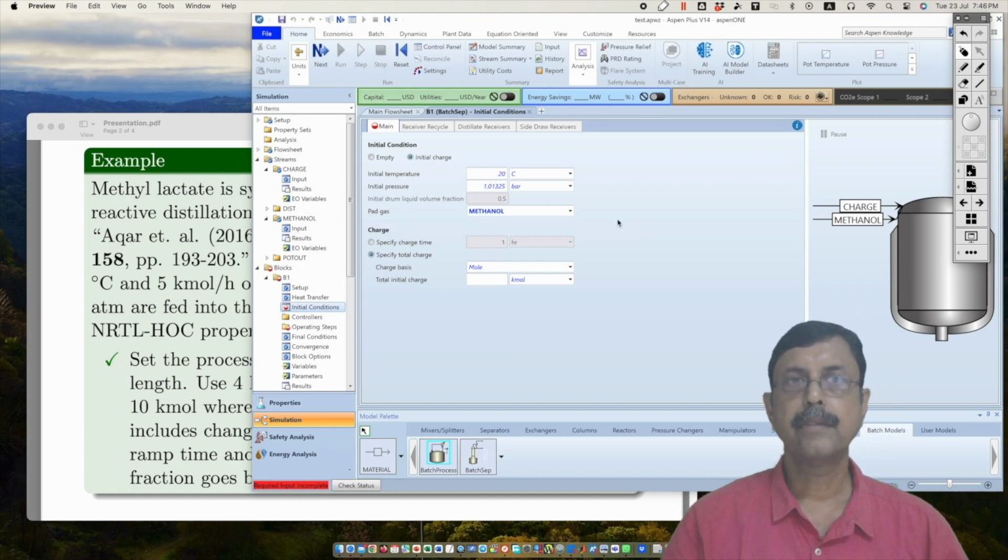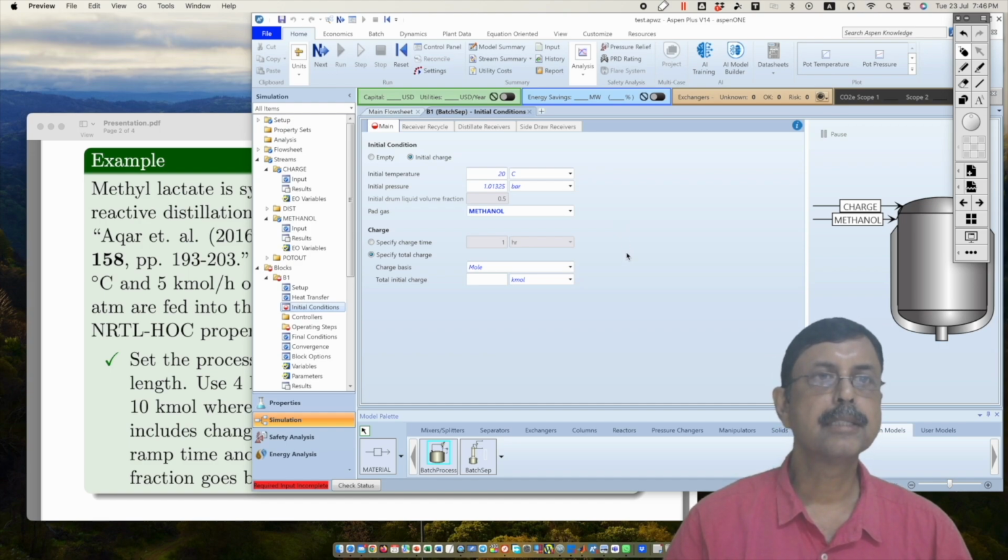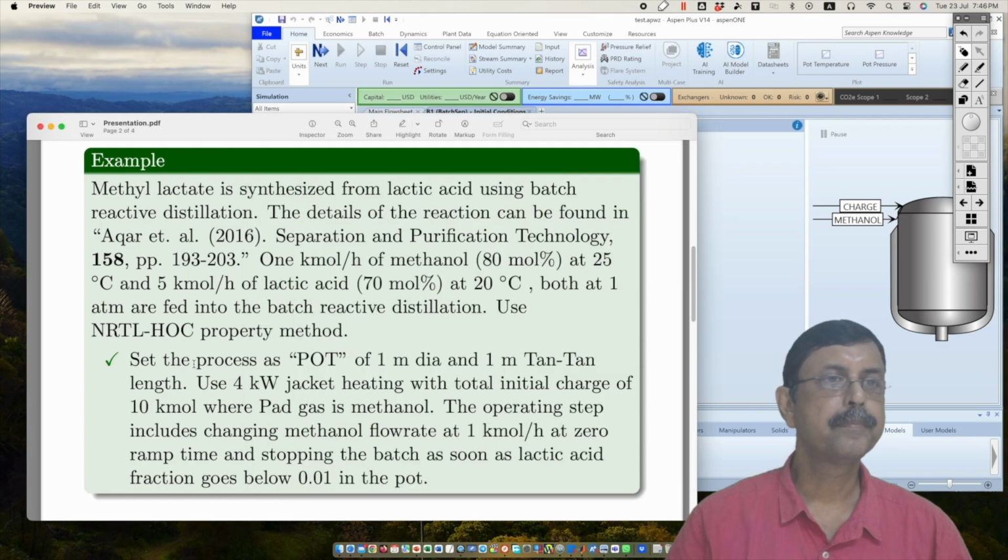So let us use methanol as pad gas. And total initial charge is 10 kilomole.